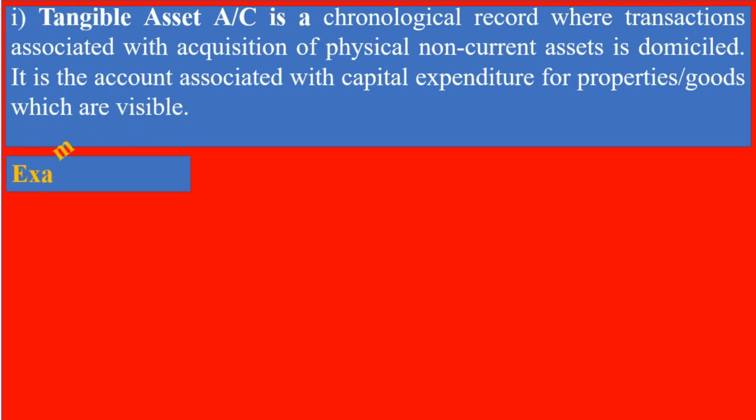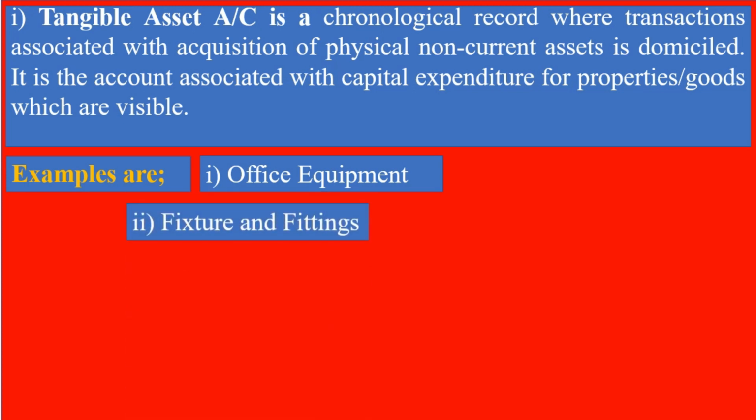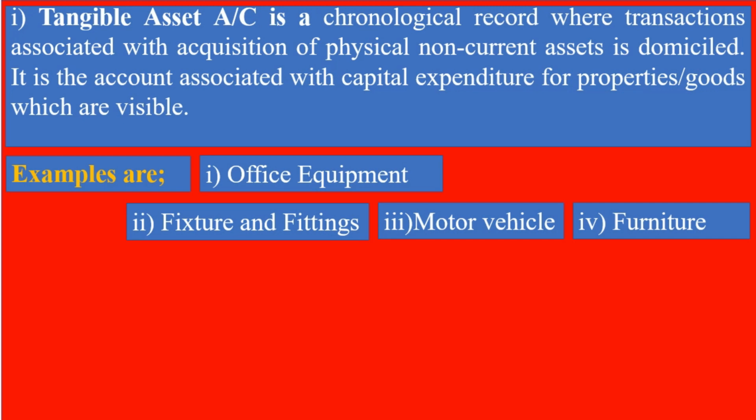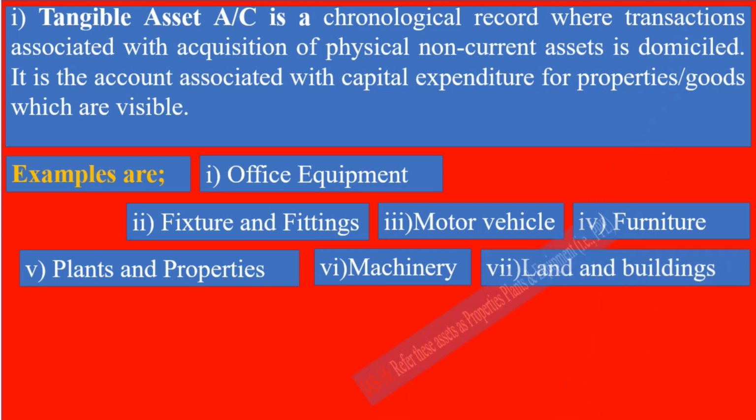For example, we have Roman 1, office equipment, Roman 2, furniture and fittings, Roman 3, motor vehicles, Roman 4, furniture, Roman 5, plants and properties, 6, machinery, and 7, land and buildings.